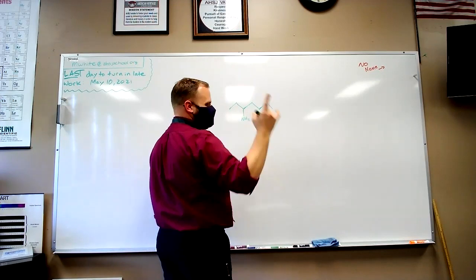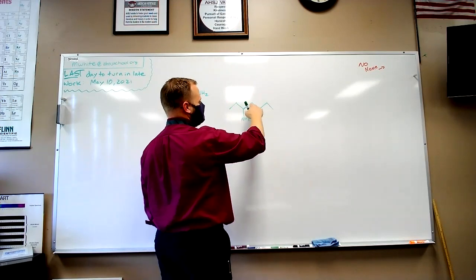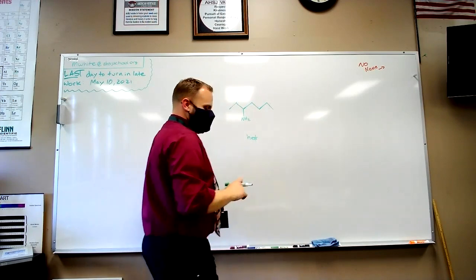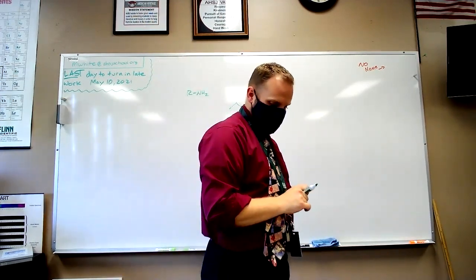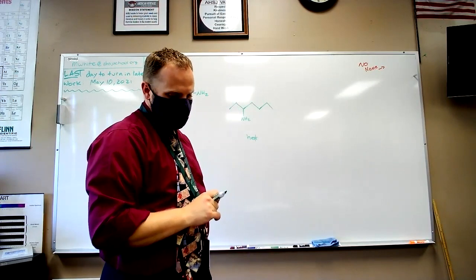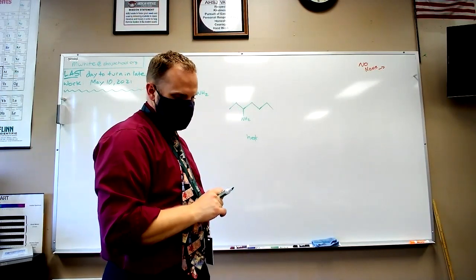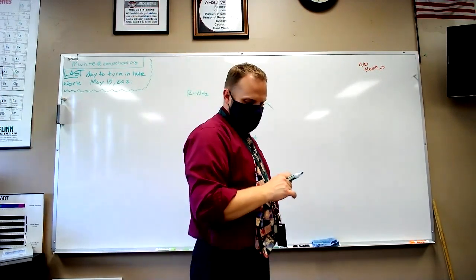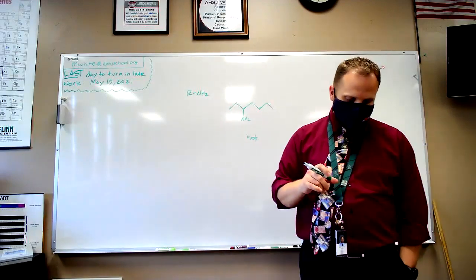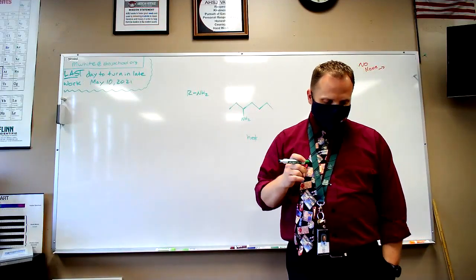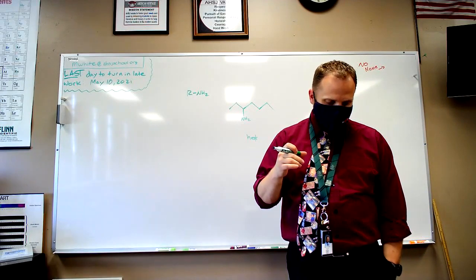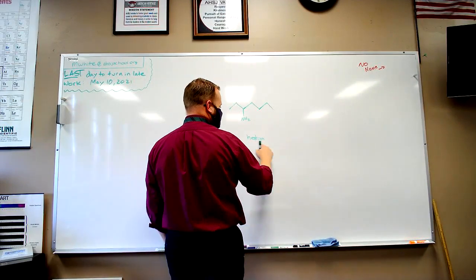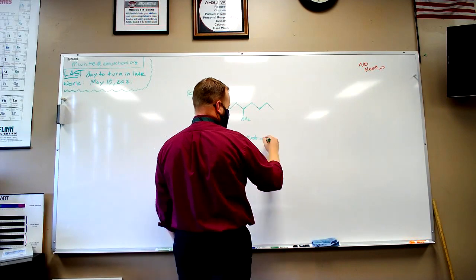So once again, find our parent chain. 1, 2, 3, 4, 5, 6, 7. So 7 is hept. Okay. All we have to do is, we have our parent chain, and instead of heptane, it's heptanamine.